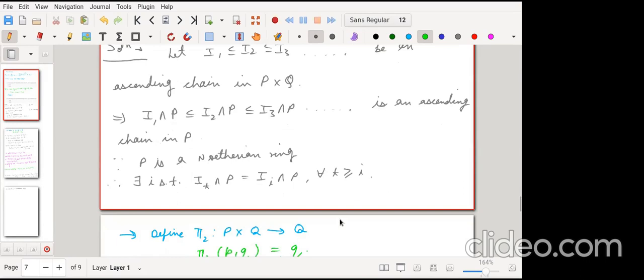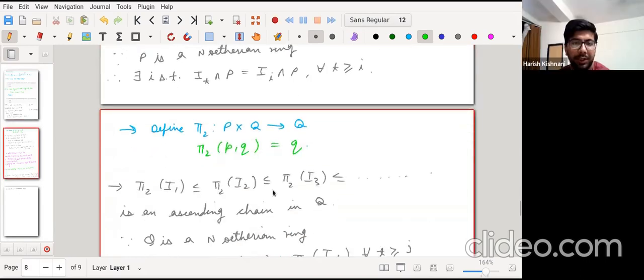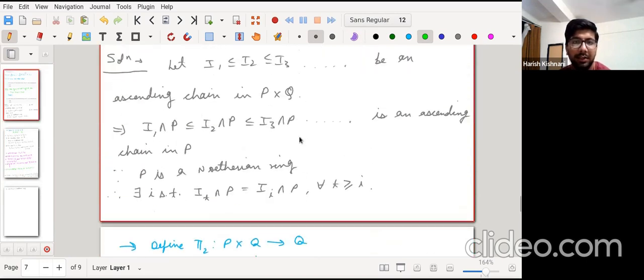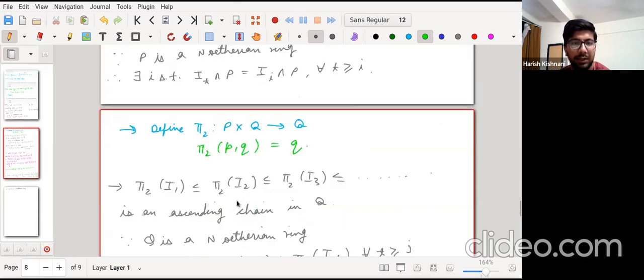Yes, sir. Okay. So then we define the projection map from P cross Q to Q, and we take the projection of this ascending chain. So this projection is pi 2 I1, pi 2 I2, pi 2 I3, and this projection preserves the ascending chain condition.